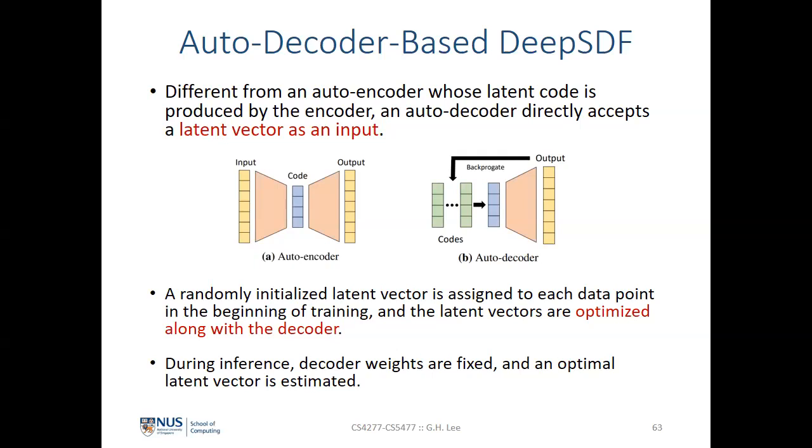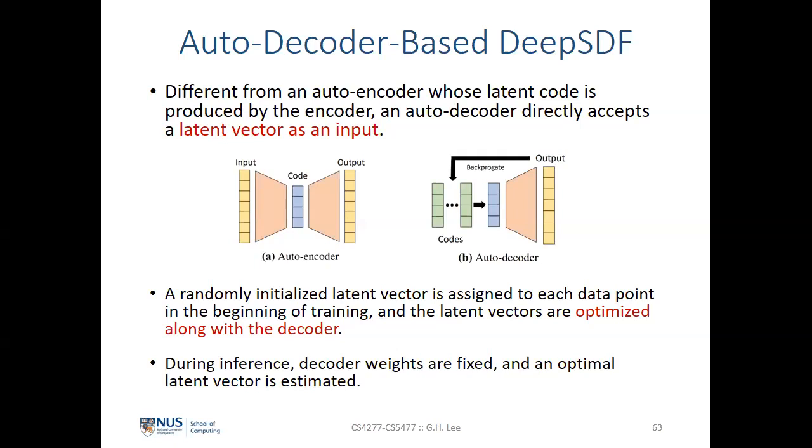The latent code would be the input. So if you do this, what it means is that you can supervise using the outputs, which is your 3D surfaces, the SDF value that you have for the ground truth. And then for every point that you condition on the decoder, you optimize over the latent code.